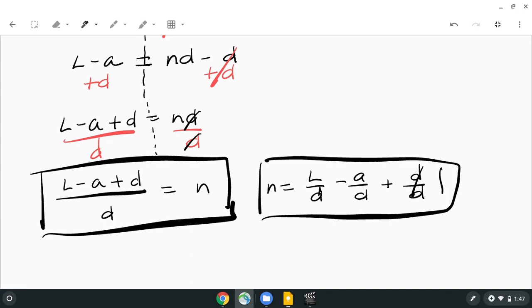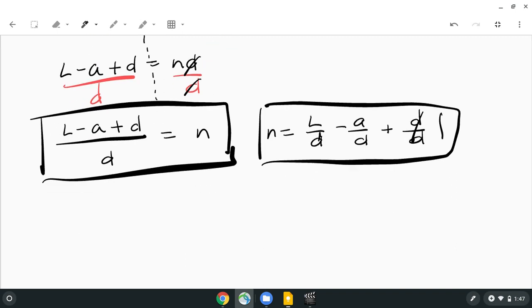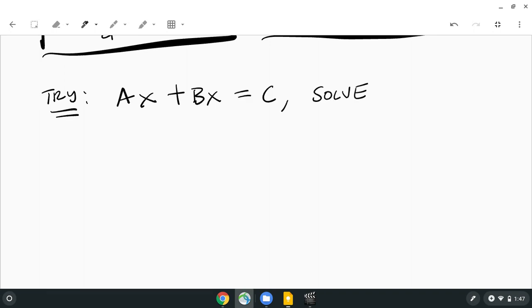All right, I want you to try this next one on your own. Hit the pause button and work it out. Ax plus bx equals c. Ooh, this one's a really tricky one. I'll give you a hint. Solve for x.